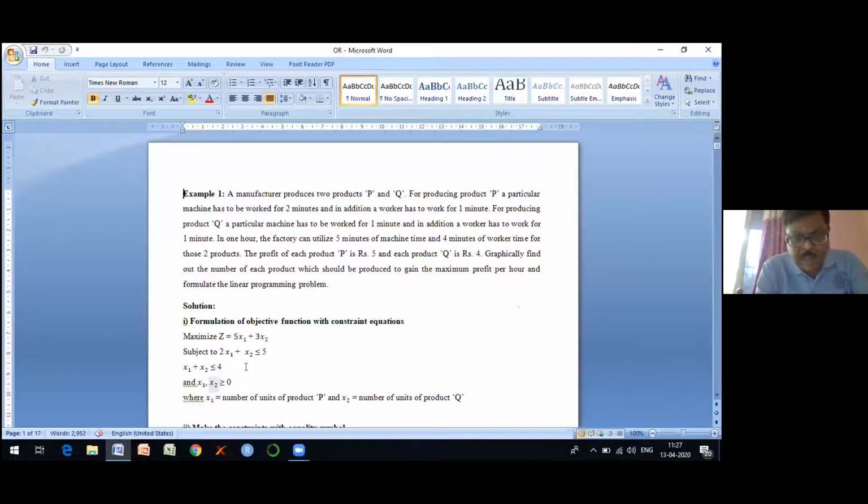Therefore, we can establish the second constraint, x1 plus x2 less than or equal to 4. And the third is the non-negativity condition. We have already stated this earlier. In a linear programming problem, the non-negativity condition is to be fulfilled. Therefore, we have written x1, x2 greater than or equal to 0.